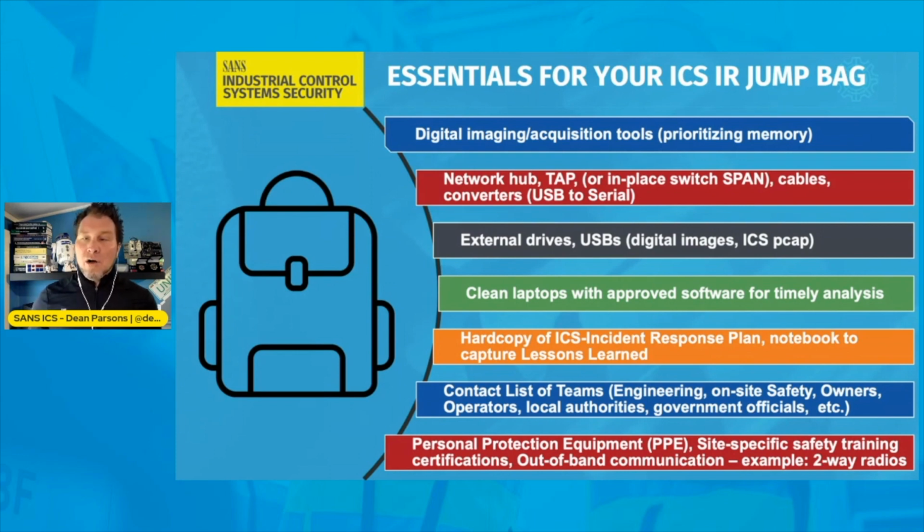So make sure you bring along your proof of safety training certifications as well. One more thing before we go, I do want to mention that out-of-band communication is also critical. When you're doing incident response on a site that could be a large site or multiple sites, you have to have some way to communicate with your team. So things like two-way radios we found really helpful during events.